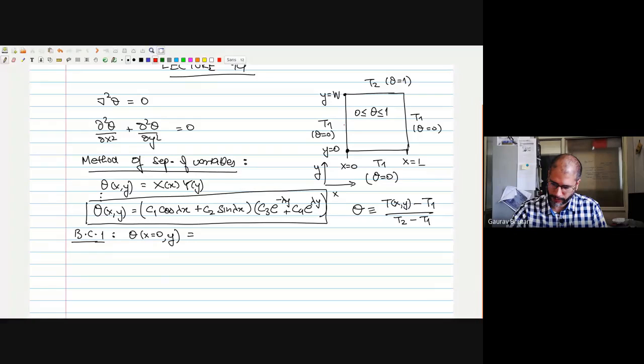I'll put this red color here just to make sure which boundary we're talking about. This is theta at x equal to 0 and y is 0 to w. That's the left boundary. Let's substitute that in our expression, which we'll call A.